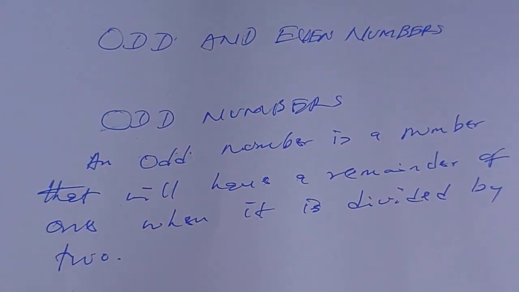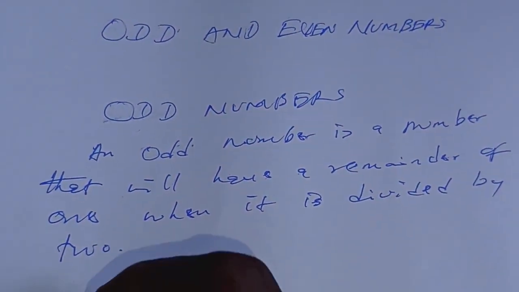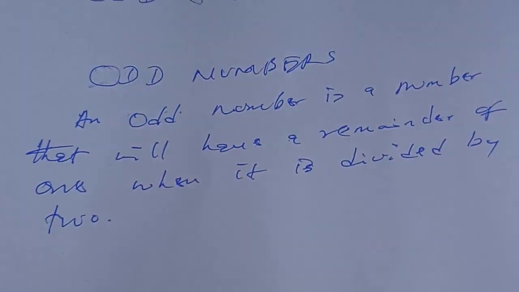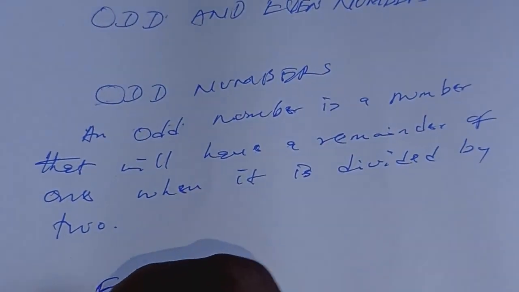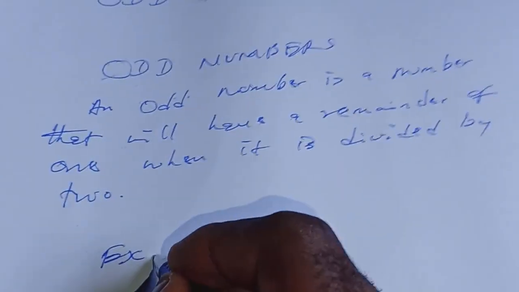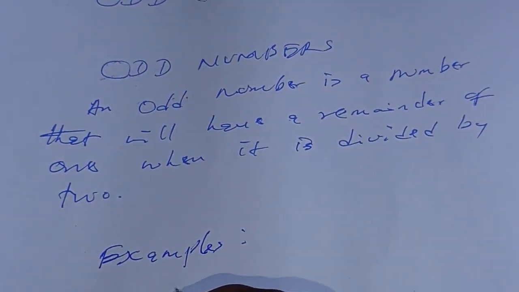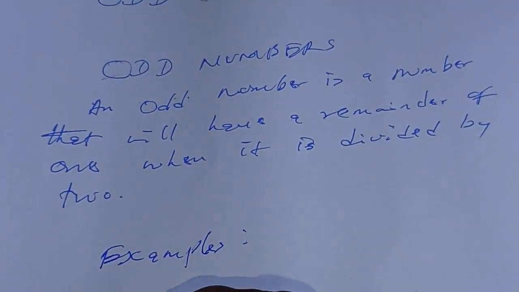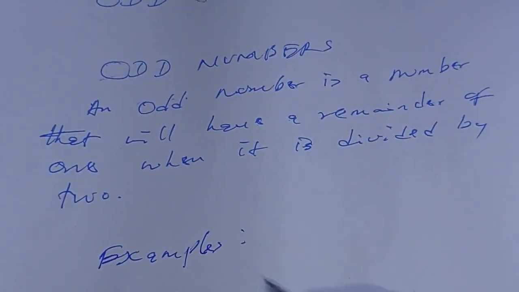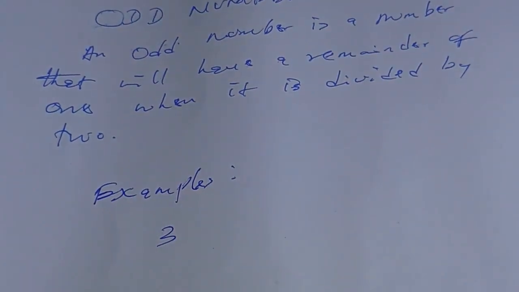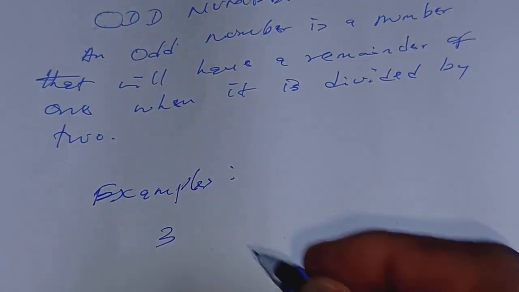Let's look at some examples. The first in the line of odd numbers is 3. Why is 3 an odd number?